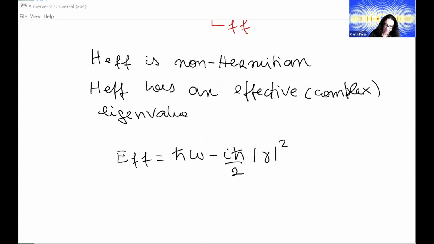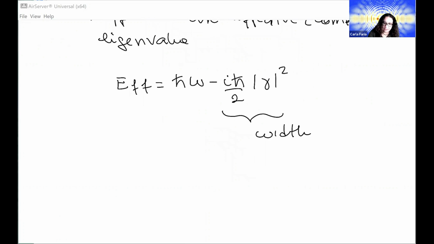And this can be associated with a width, if you think about it, and that's pretty much the picture you use in decay. If you have eigenvalues of the Hamiltonian, which are real energies, you have just something like this. But when you have a complex part, what you do is you put like a width in the excited state.